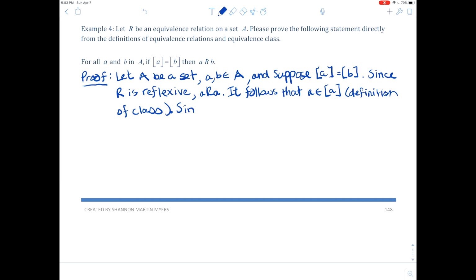Well, since the class of a equals the class of b, what follows from that? a would have to be an element of the class of b, and that's from the definition of set equality.